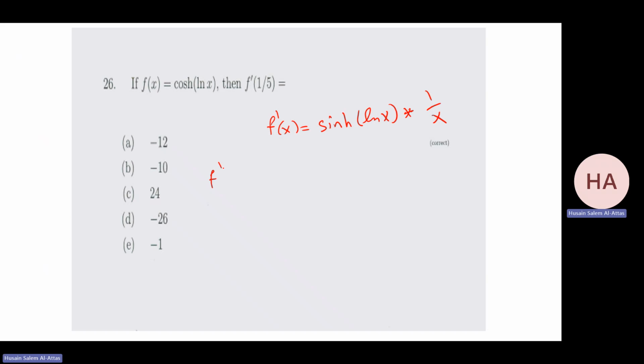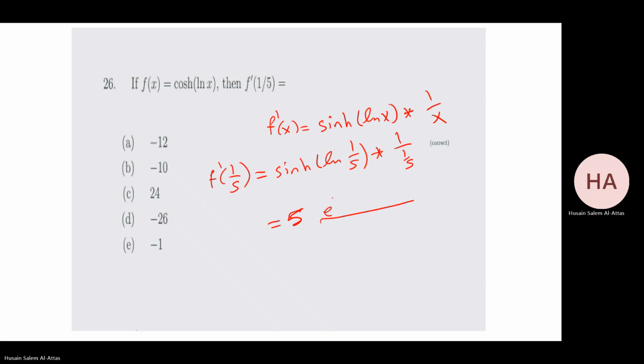Now f prime at 1 over 5 will be sine hyperbolic of ln 1 over 5 times 1 over 1 over 5, so that will be 5 sine hyperbolic ln 1 over 5. That will be what? e to the power ln 1 over 5 minus e to the power minus ln 1 over 5, over 2, times 5.